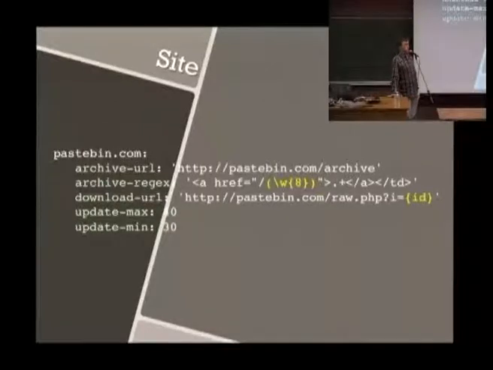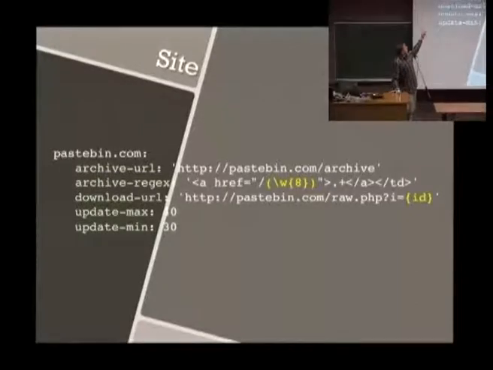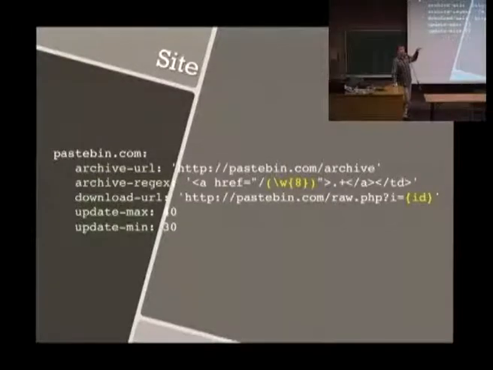A site itself is extremely easy to configure, so you can add your own sites and share them, please. For Pastebin, you have the archive URL. That's the page that contains the list of the last pastes. For Pastebin, I think it's like 50 or 80 pastes. Then the regular expression you want to use to extract the unique paste ID, and the URL where it should download that ID.